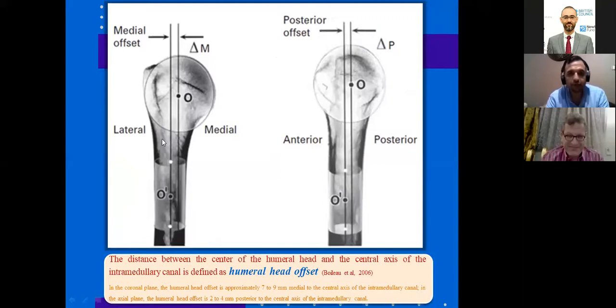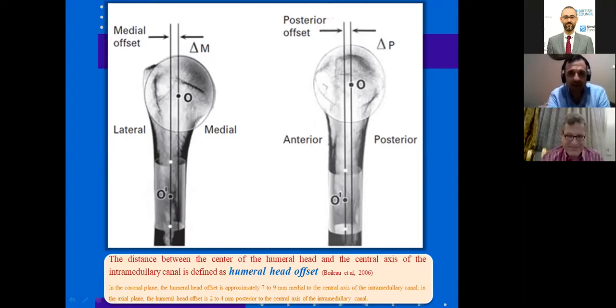So we have two offsets, medial offset and posterior offset. The center of the head is medial to the center of the medullary canal and also posterior to the center of the medullary canal. And this is a very important technical point.